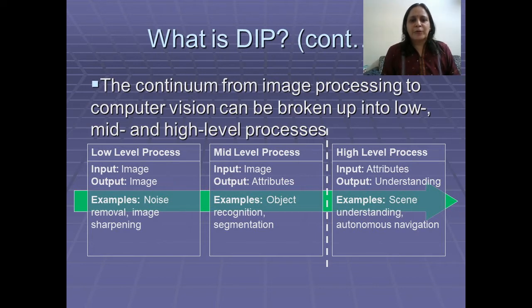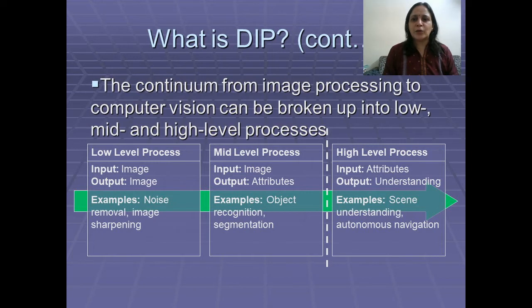So we have three types of processing. One is where the input is an image and the output is also an image. Examples are noise removal and image sharpening, where the input is an image and you get an improved image after processing. In mid level processing you provide an image as input but get only certain objects of that image, like object recognition and segmentation.